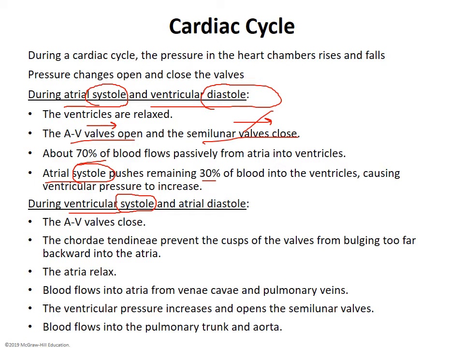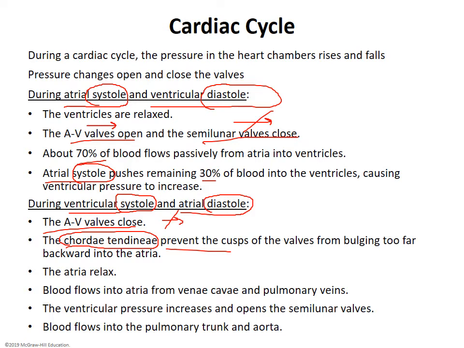Now, when this happens, the atrium will start to relax, which is called atrial diastole. The AV valves close. The entryway gets blocked off. Now, the exit is going to open, but the entryway gets blocked off because we've got these chordae tendineae that are attached to the papillary muscles that prevent the AV valves from going back into the atrium.